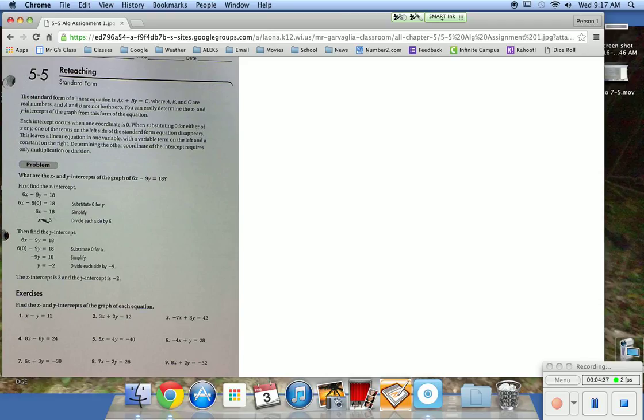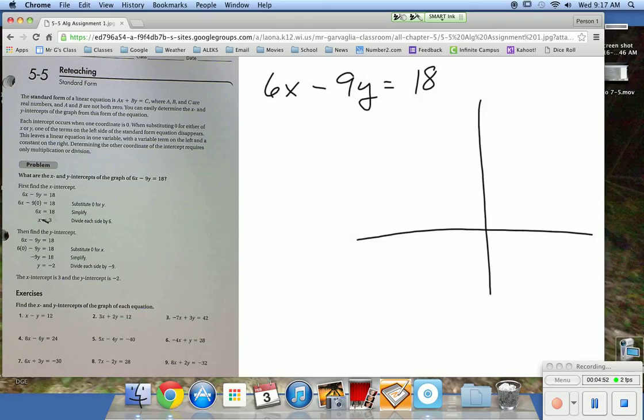Let's take the equation 6x minus 9y equals 18, just using the one they have here. Let's think about a graph. This is my x, this is my y.